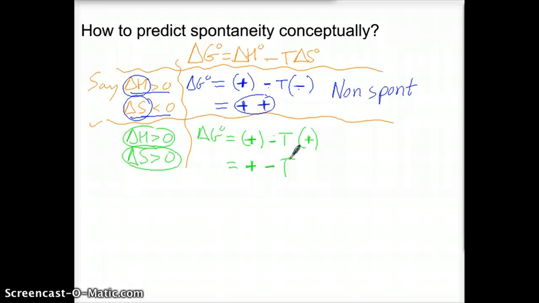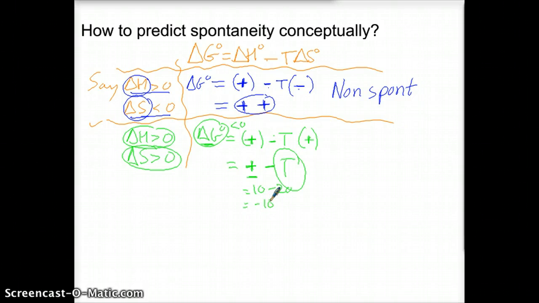In order for it to be spontaneous, this value needs to be less than 0. So how can I make this number negative? The only way delta G can be negative is if this value is bigger than this value. So if it's like 10 minus 20, that would give you negative 10, which would be spontaneous.